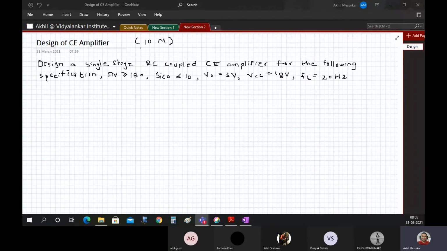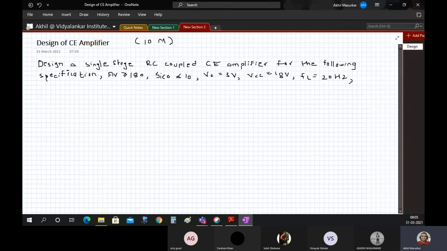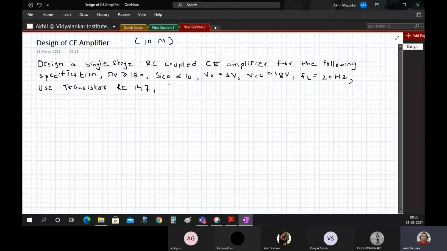In the problem, sometimes they specify which transistor to be used. So they say use transistor BC147, and you will see that this transistor is also available in the LT Spice.